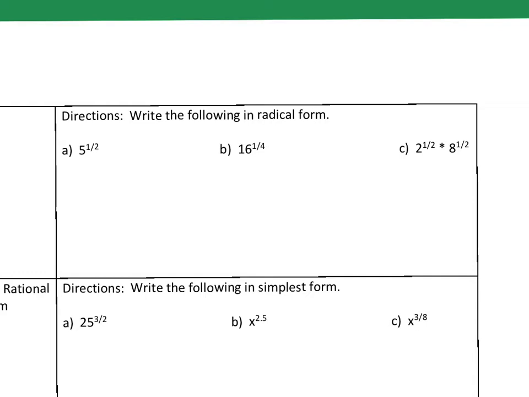So, keeping my base of 5, I know it's to the first power, right? And then what kind of root am I going to have? What's my index? 2, so it's just going to be a square root. You don't have to write the 1. No, but you can. I would get in the habit of writing the 1.